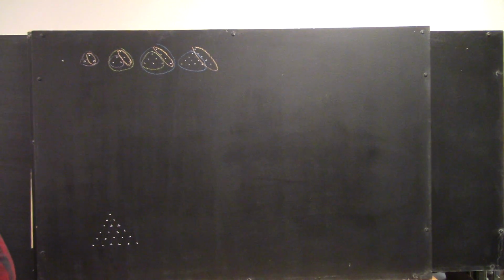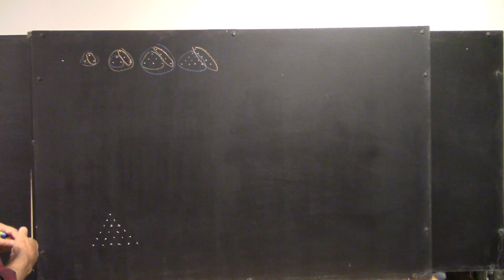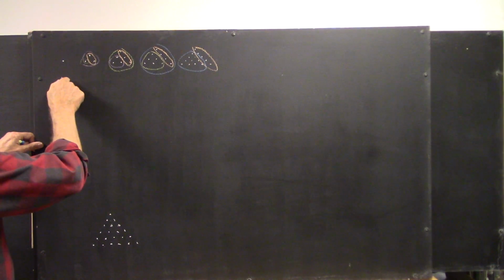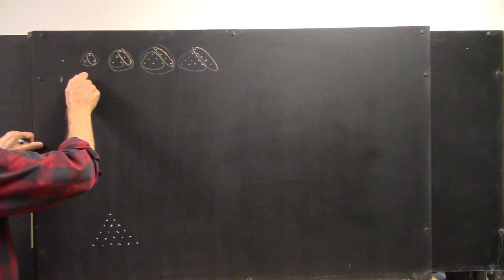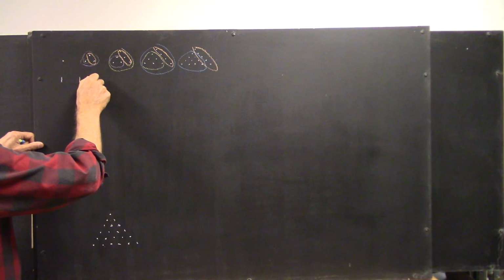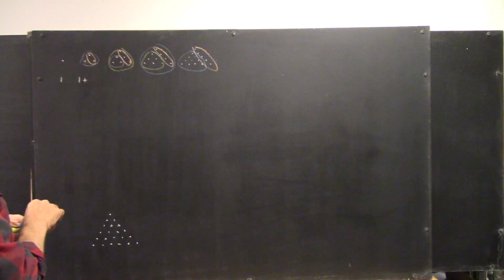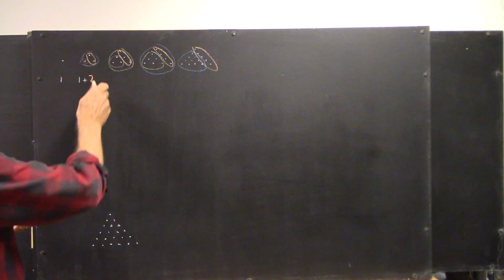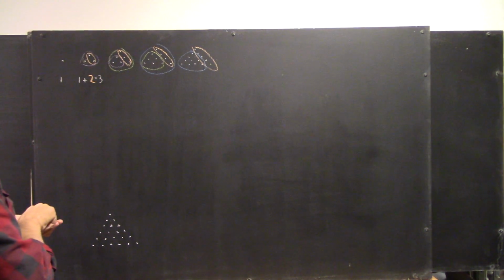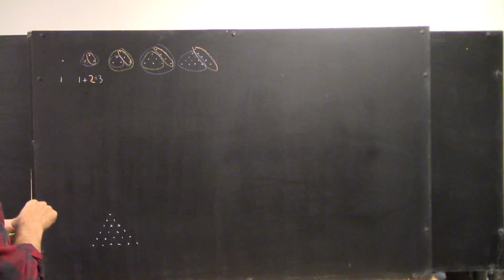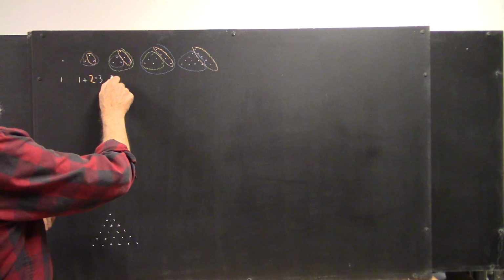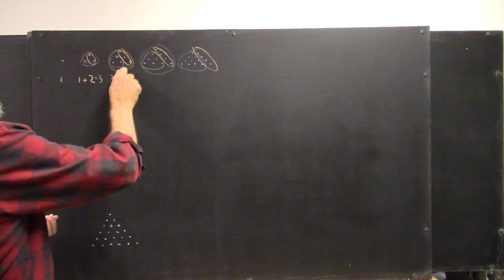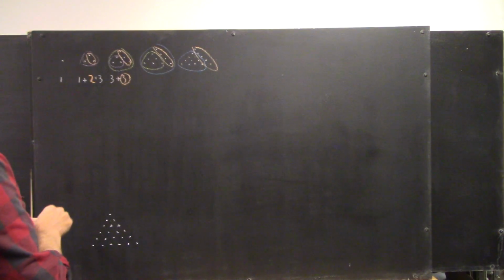Well, there are a lot of ways to see this. We could just look at any old figure, but looking at it as how we go from one to the other, we've got 1, and then here we've got the 1 we had plus the 2 new dots. Okay, and that's 3. And then we have the 3, and we add 3 dots to that, and we get 6.